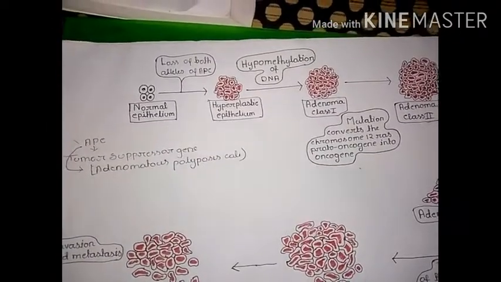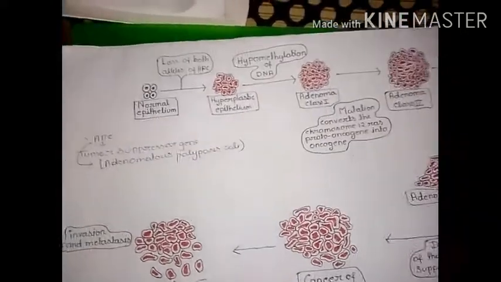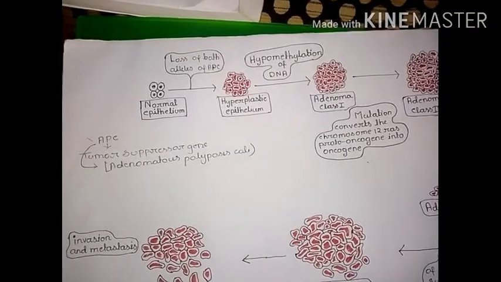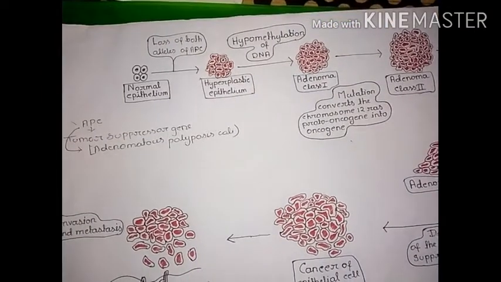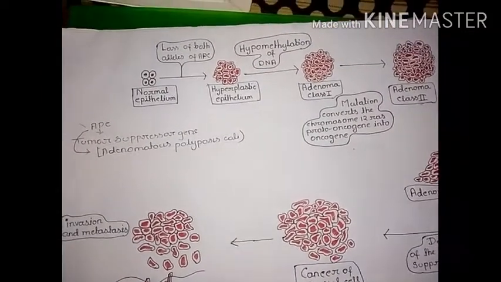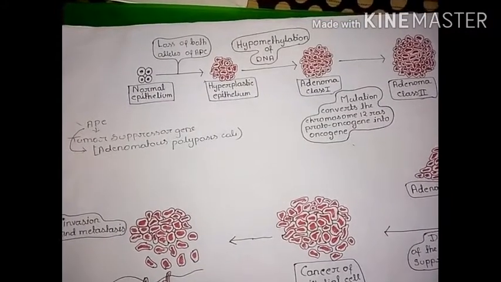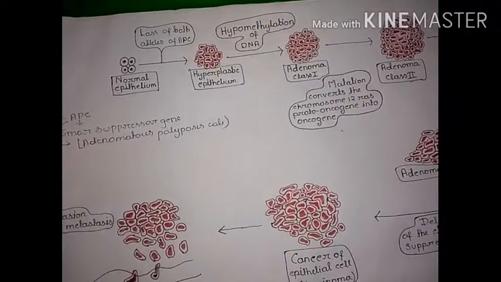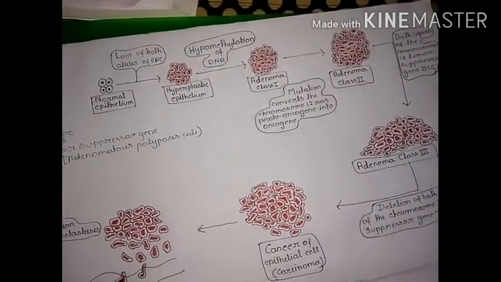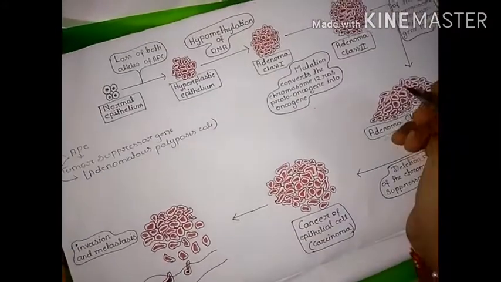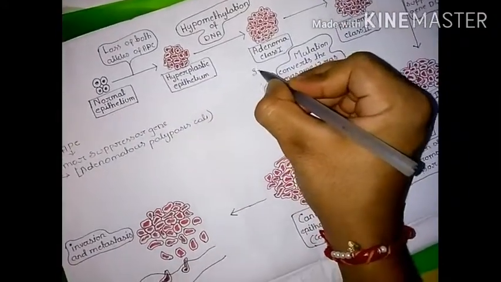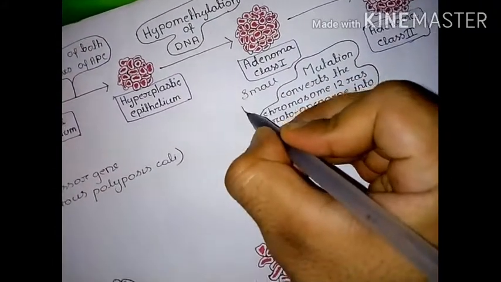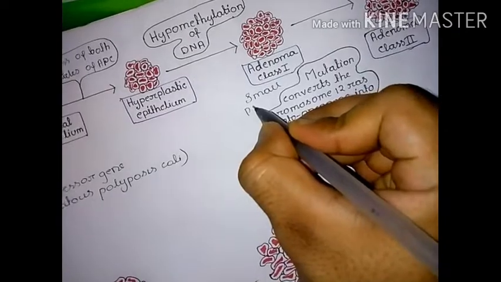So loss of both alleles of APC leads to transformation of a normal cell into a hyperplastic epithelium. Now the hyperplastic epithelium is transformed into adenoma class 1. Adenoma class 1, you can say it is a small polyp.